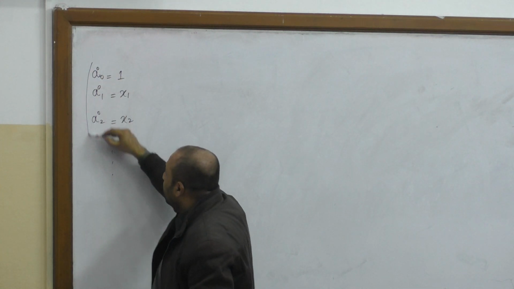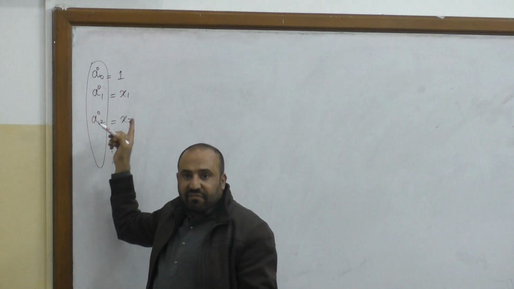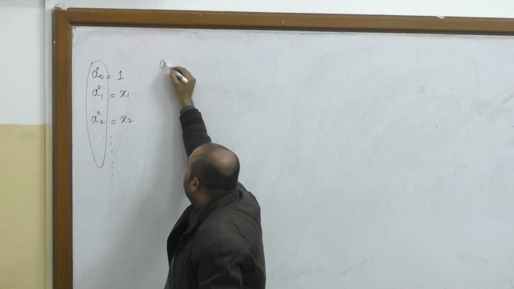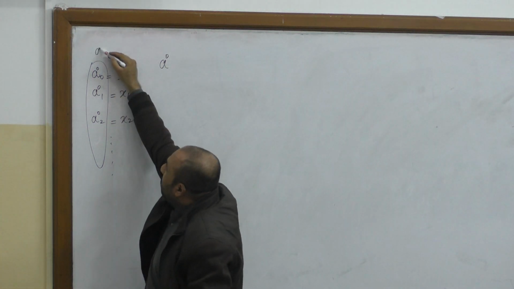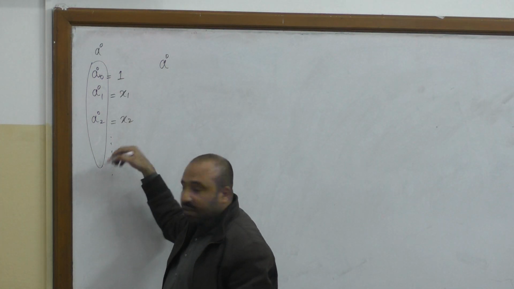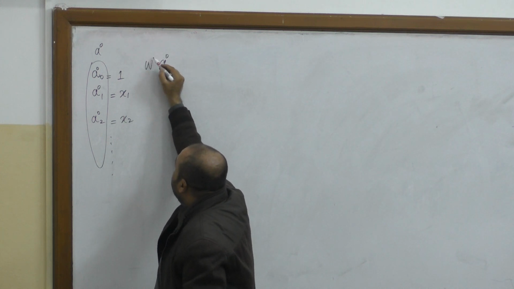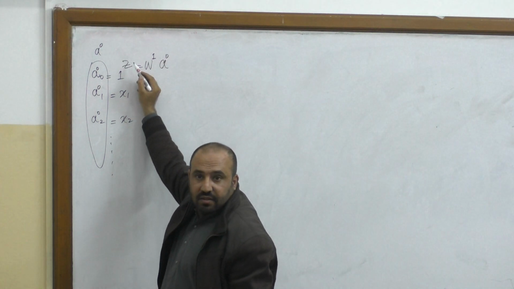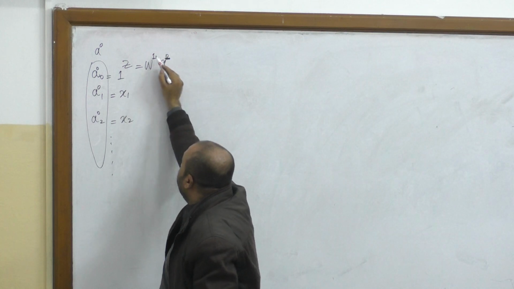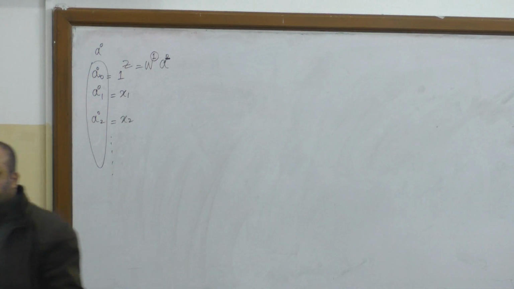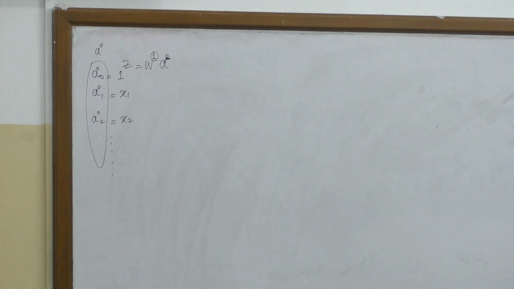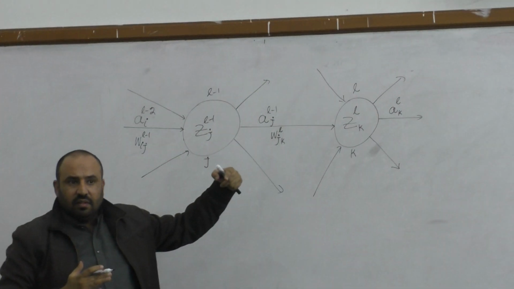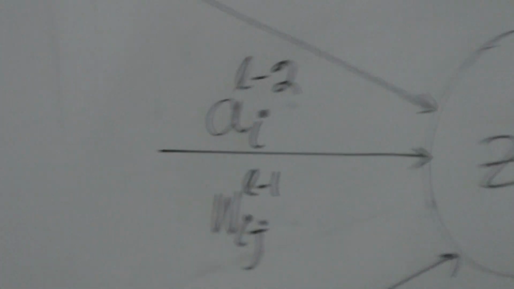So this is the input to the very first neuron. A0, अगर मैं इस पूरे वेक्टर को कह दूं A0, this will be multiplied by weight of the first layer and then it will produce A1. Just to be consistent that this is 1 minus than that. Make sense? This number is 1 minus than this number. Just to be consistent.